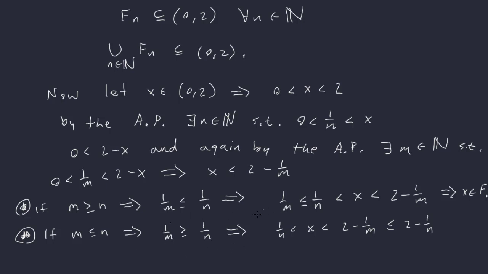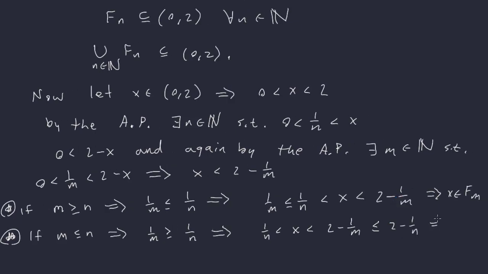And that's because since 1 over m is greater than 1 over n, here we're subtracting something less. Okay, so in this particular case, x is in f sub n.